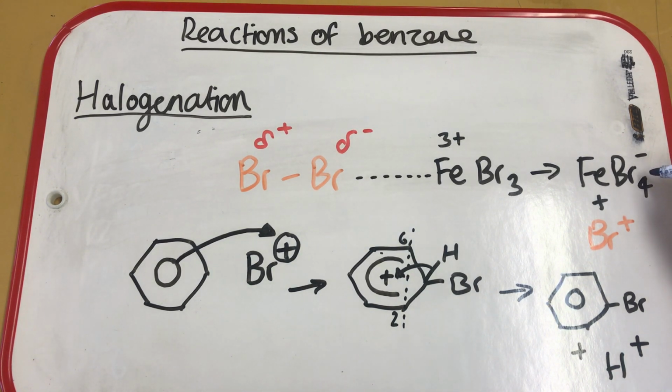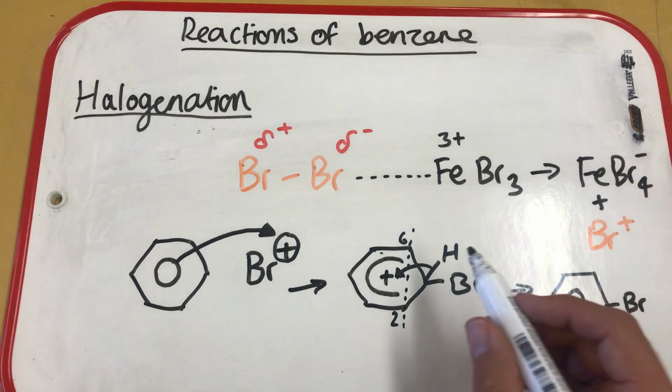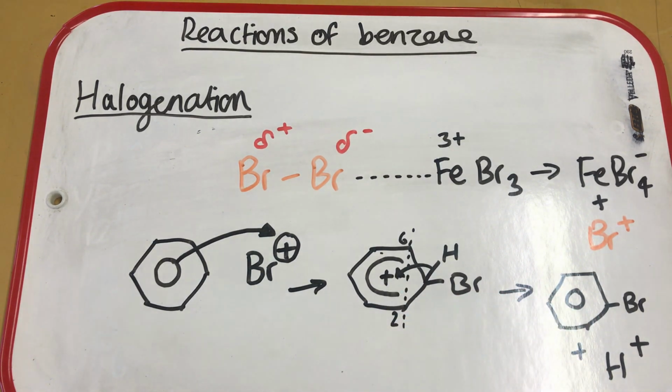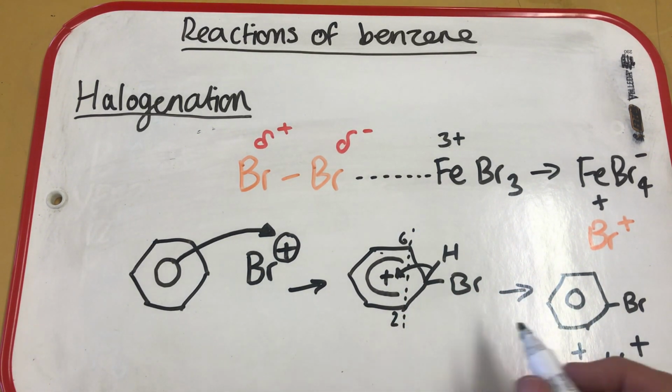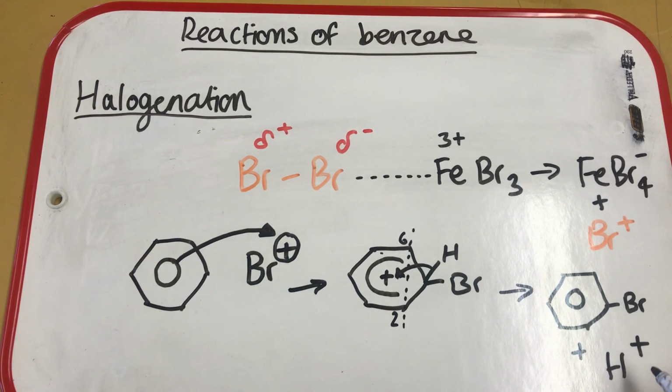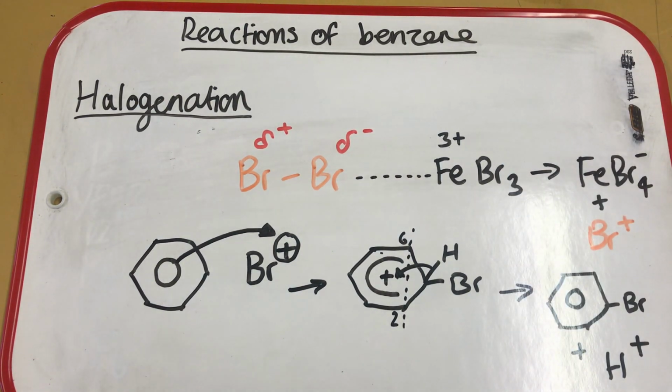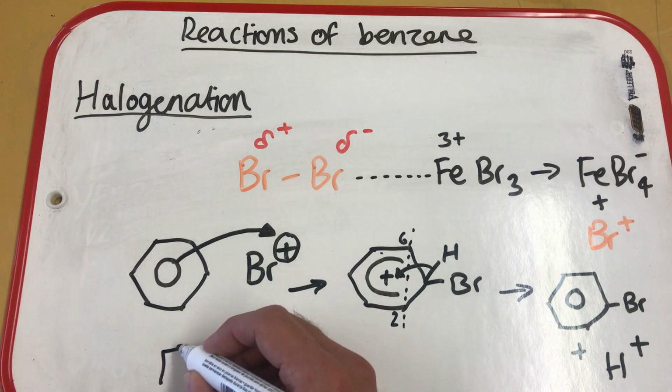In reality, the FeBr4- will actually remove the proton here at this stage. For OCR A-level chemistry, what you need to show is simply how this proton, this hydrogen ion, reacts back with the FeBr4- to reform the catalyst. And that's very, very simple.